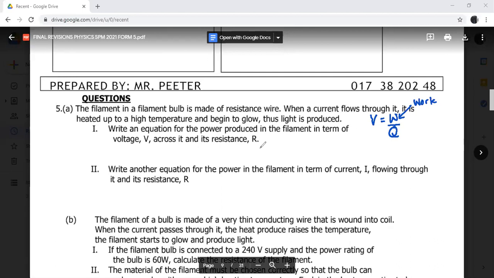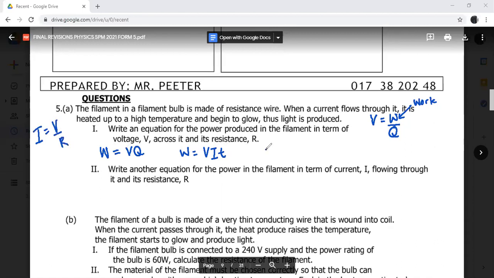So W should be V times Q. Q should be I times T, so W is V I T. And then I should be V over R.